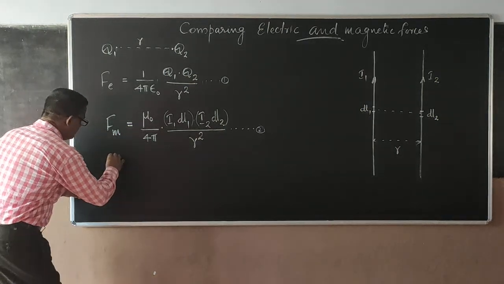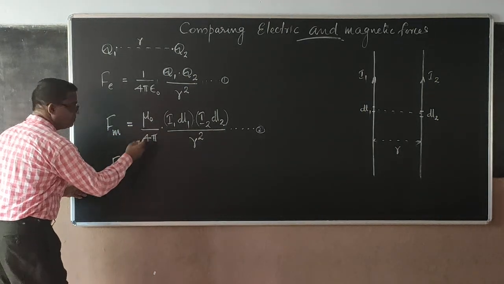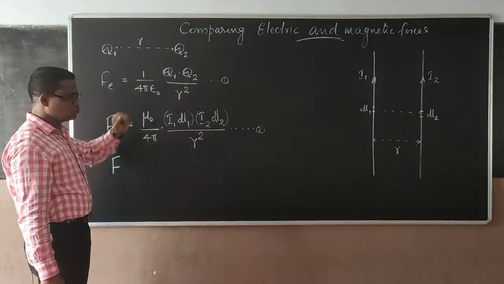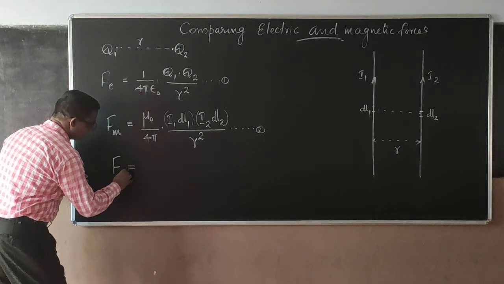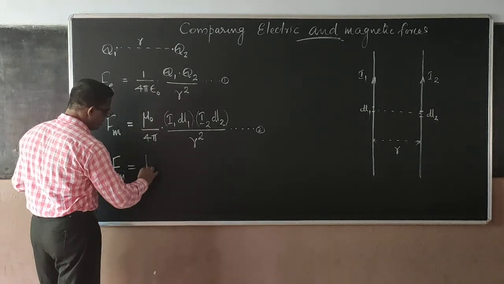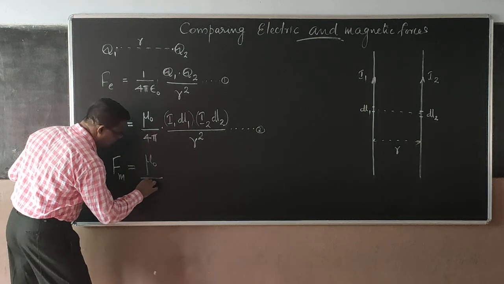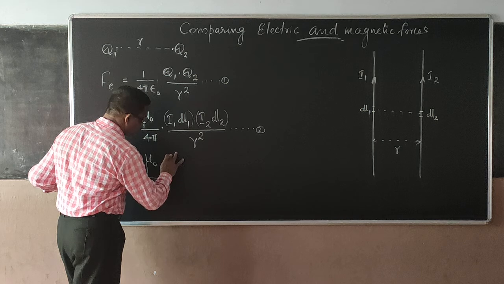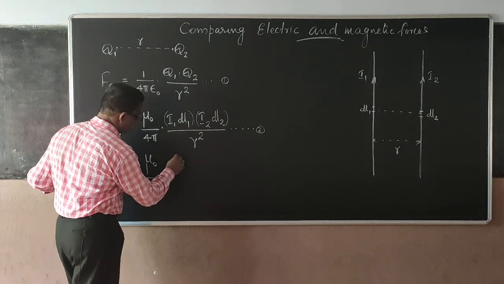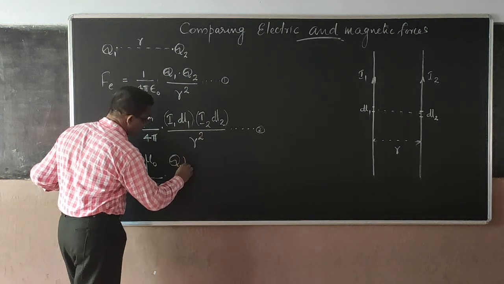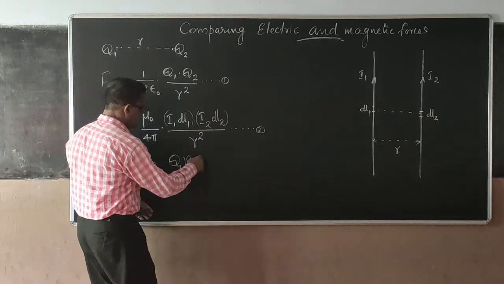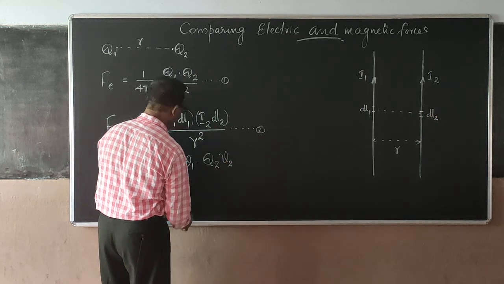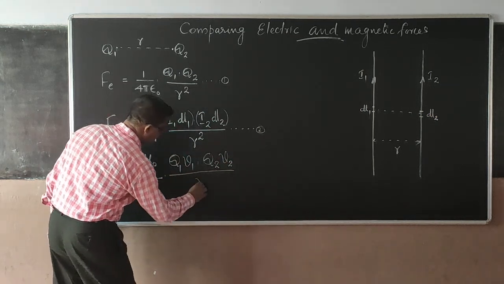Then, if I take Fm in this form and want to compare it with the first one, I rewrite the formula as mu 0 by 4 pi into I1, which I can take as Q1 into V1, and I2, which I can take as Q2 into V2, divided by r square.